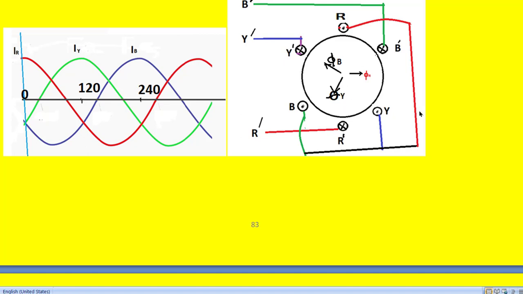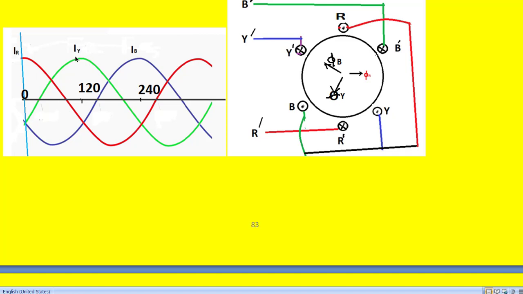So this is the input that we are giving to the stator winding. For mathematical purposes, the R phase current will be treated as a cos waveform.